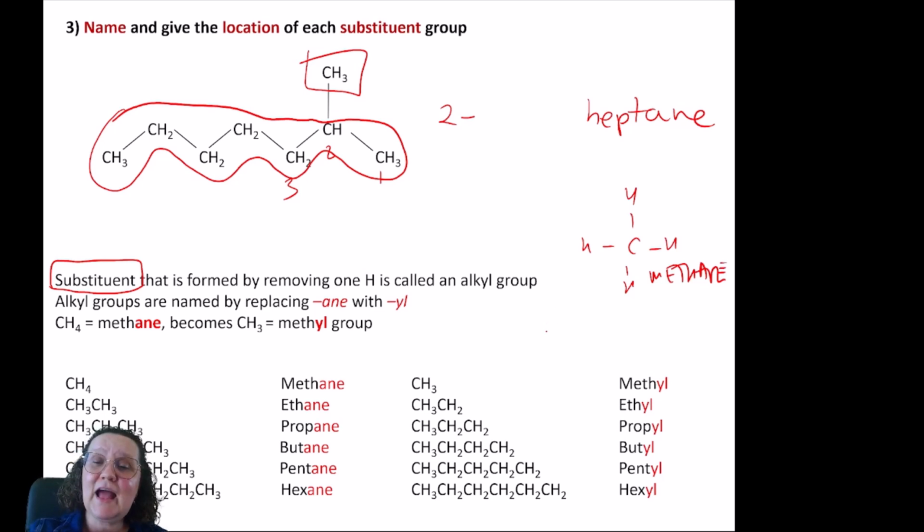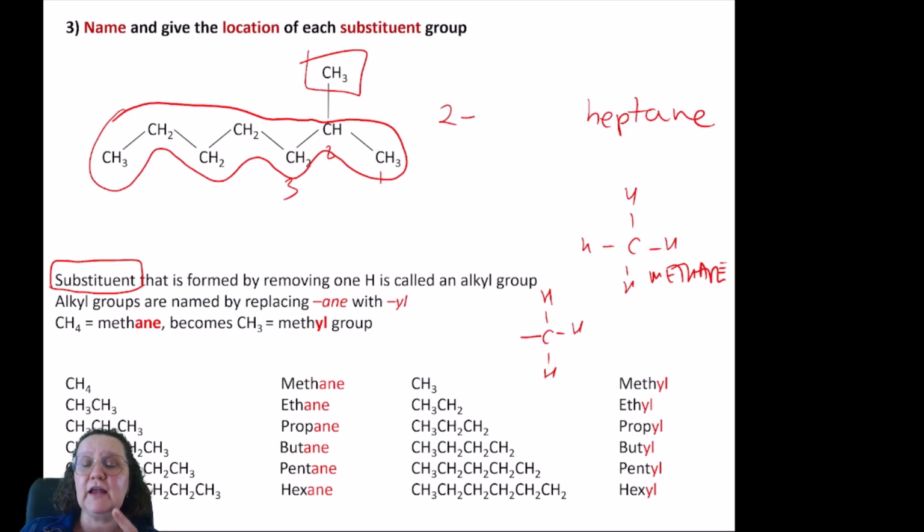But when I have a fragment that has the carbon, 3 hydrogens, and a fourth bond that is free to attach to something else, then it's not a methane because it's not a complete compound. It's a fragment, it's a substituent, it's a methyl group.